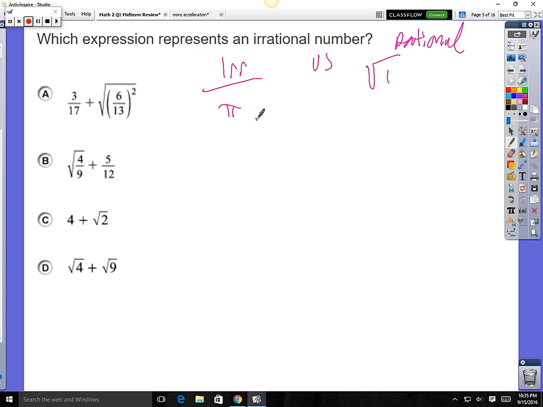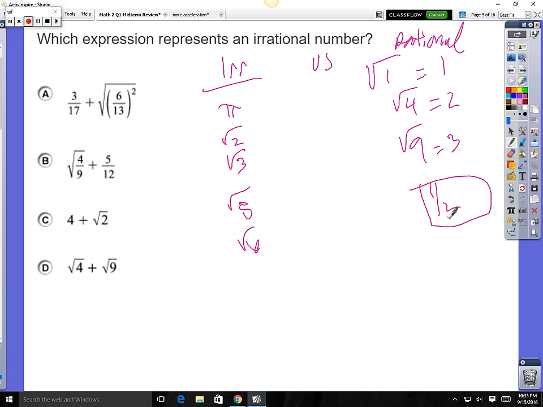It's hard to predict. There's no pattern in the digits. Square root of 2 is probably next, then square root of 3, square root of 4 is awesome. Square root of 5 sucks, square root of 6 sucks, square root of 9 is awesome. Rationals are whole numbers, 1, 2, 3, and they're also negatives, and they're also decimals that are nice and easy and predictable.